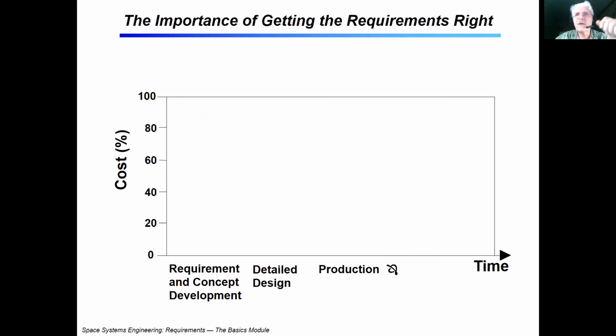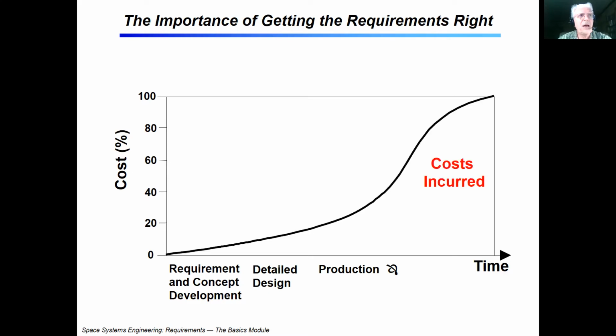Now, the importance of getting these requirements correct is illustrated by this plot. This is a typical time versus cost profile of a project. Earlier in the time is when one proceeds with developing concepts and the requirements, and at that point the cost investment, which is not only in dollars but also in personnel time, supplies, or any other things that go into making the project, is very little.